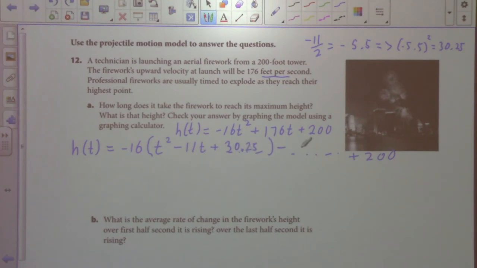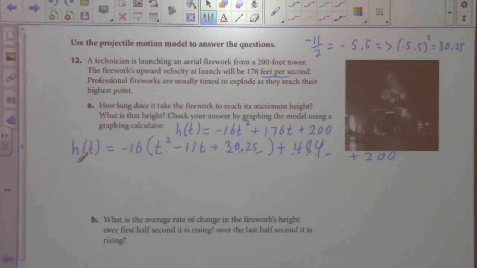And what do we subtract out here? 30.25 times negative 16, 484. But we're going to have to add that, right? So plus 484. Does that make sense?